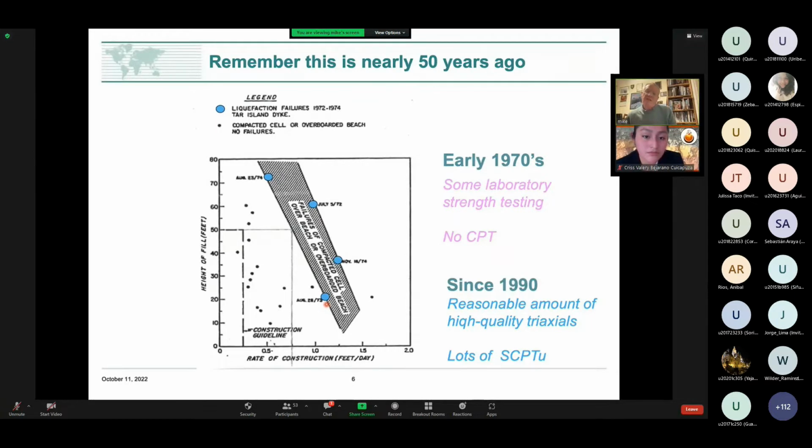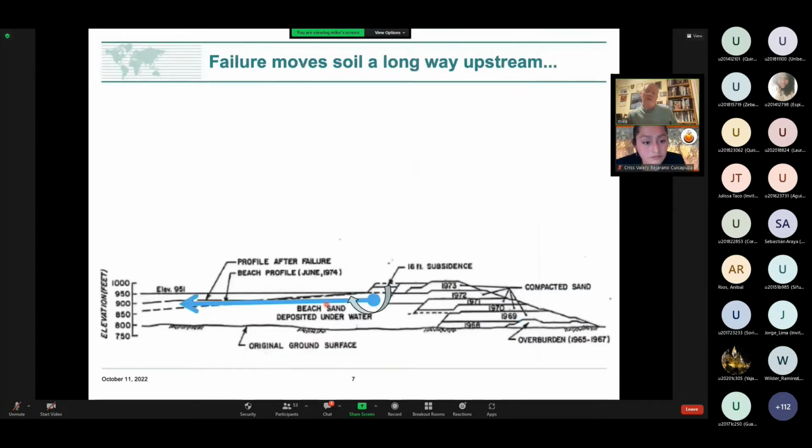So what we've done with this case history, we said, okay, we'll take the information on what happened, which you reported, and we're going to look at these soil properties and the layering from the more recent testing, which I'm going to show you. But one of the most striking features really is how far it moved upstream.